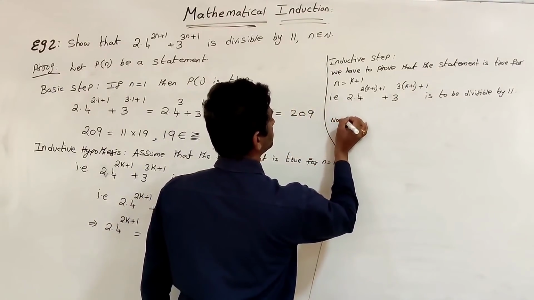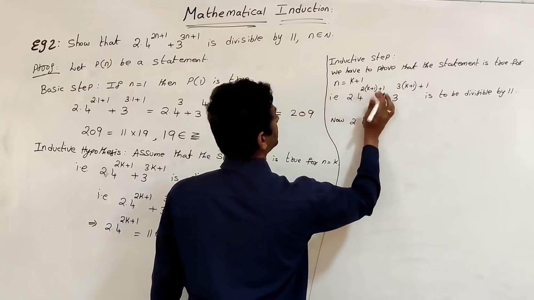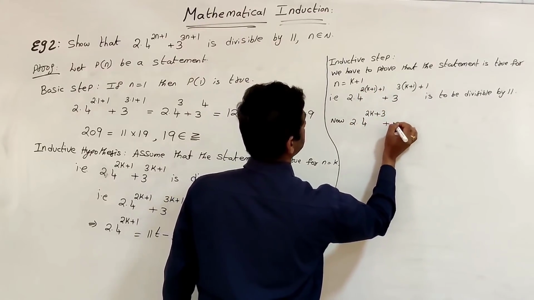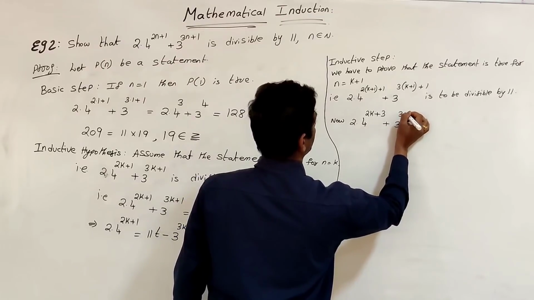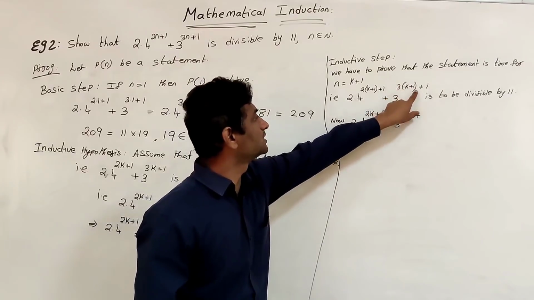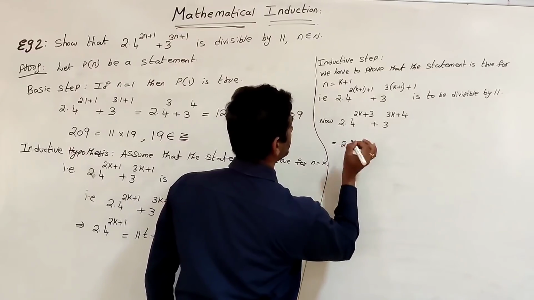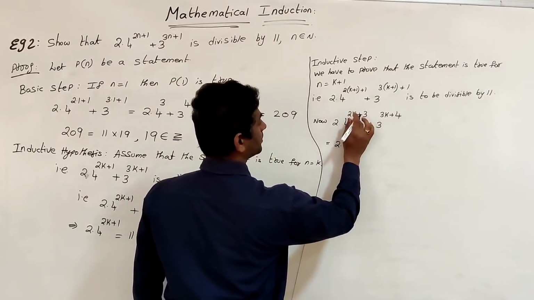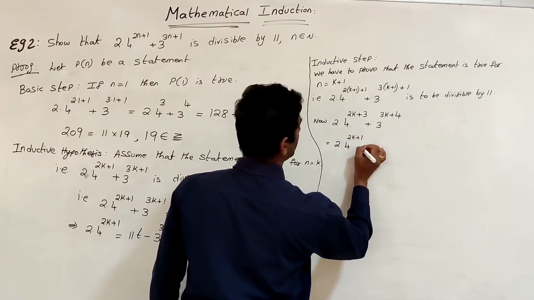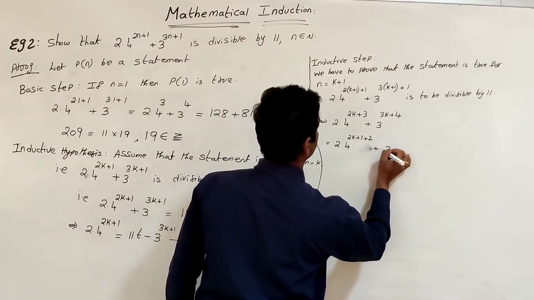So take the term 2 into 4 to the power of, we can write 2k plus 2 plus 1, that is 2k plus 3, plus 3 to the power of 3k plus 4. 3 times of k is 3k plus 3 plus 1, that is 4. 2 into 4 to the power of 2k plus 3 can be written as 2k plus 1 plus 2.